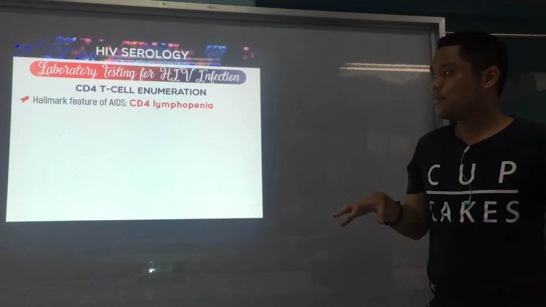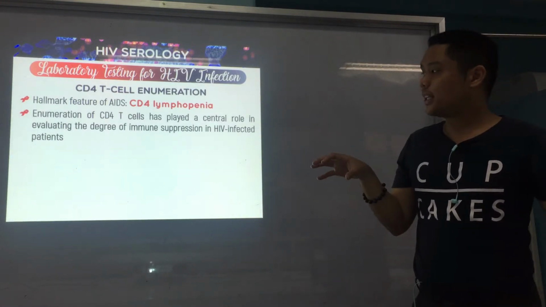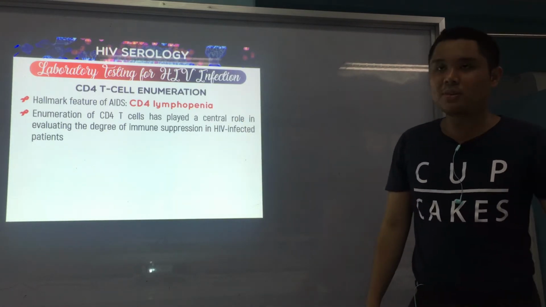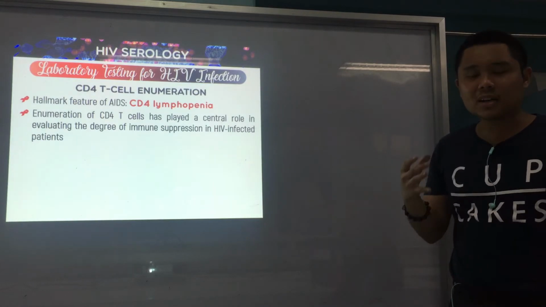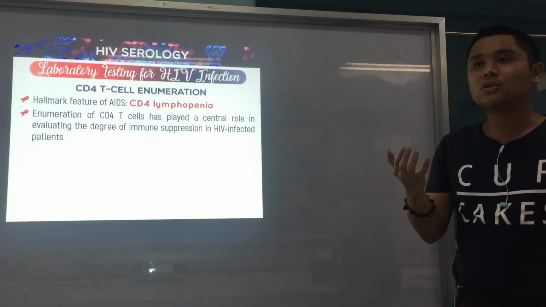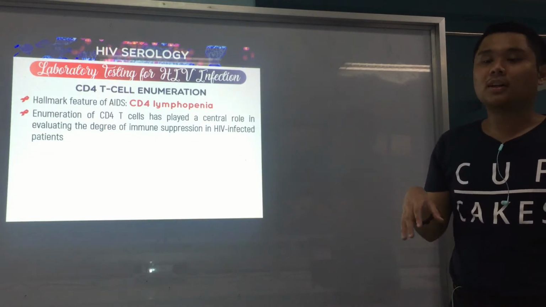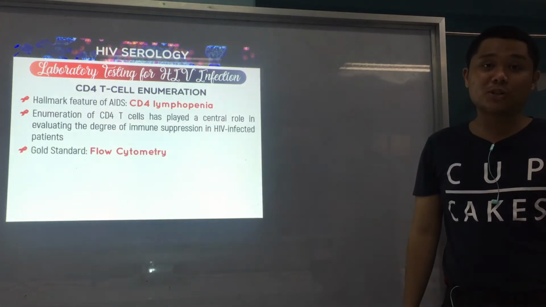Enumeration of CD4 T cells plays an essential role in evaluating the degree of immune suppression in HIV-infected patients. So we can know how severe the immune suppression already is in the patient. The gold standard is, of course, flow cytometry.